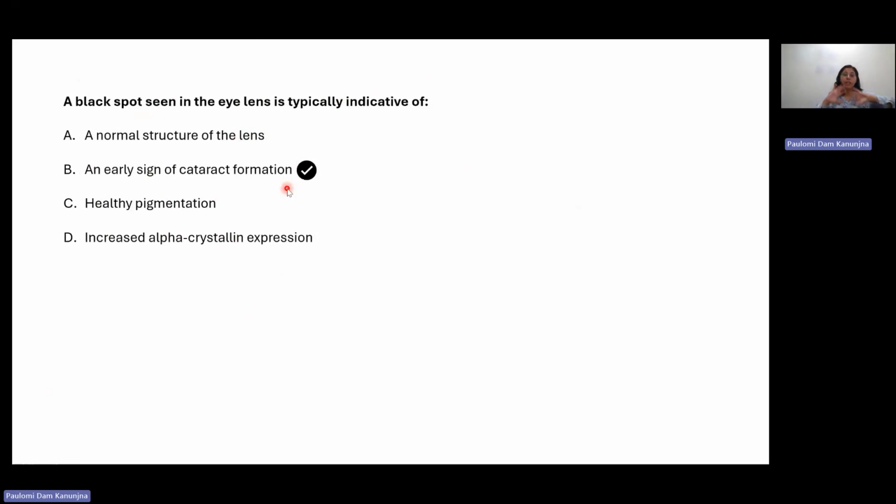So if I have to define this, in cataract, what happens is that your crystalline proteins are very systematically arranged. Now, if the crystallines are not properly arranged, they lead to this aggregation.